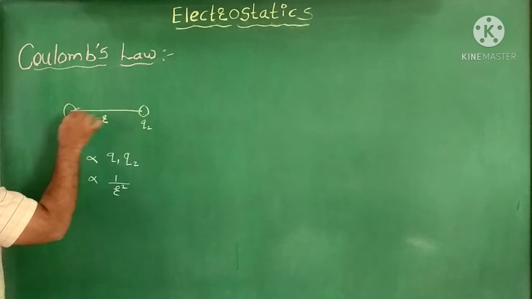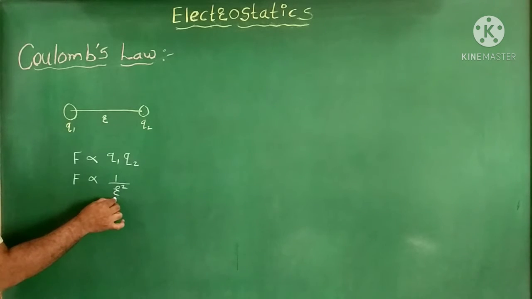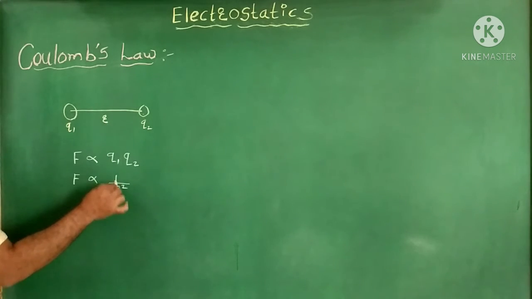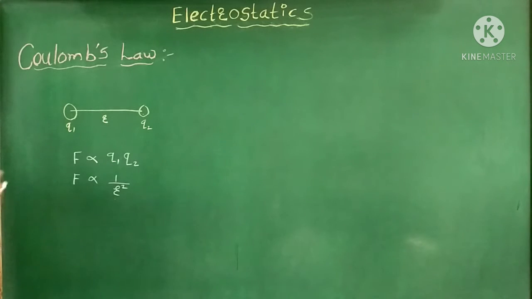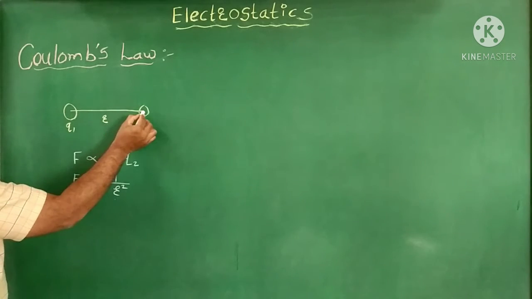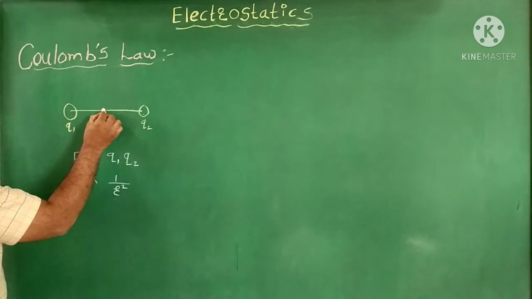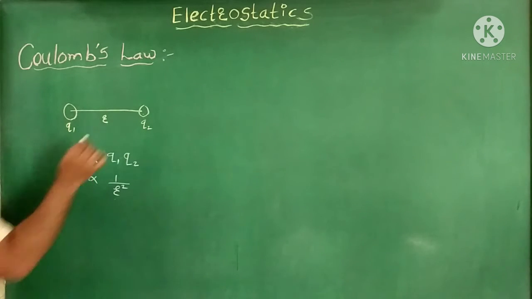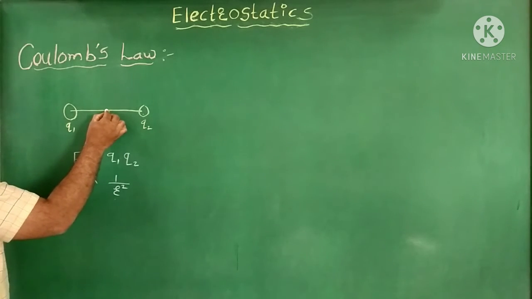Here the distance between the two charges is simply r, so we get 1 upon r square. And this force lies along the line joining the two electrical charges. Now this will be the line which joins the two charges, so this force acts along this line.